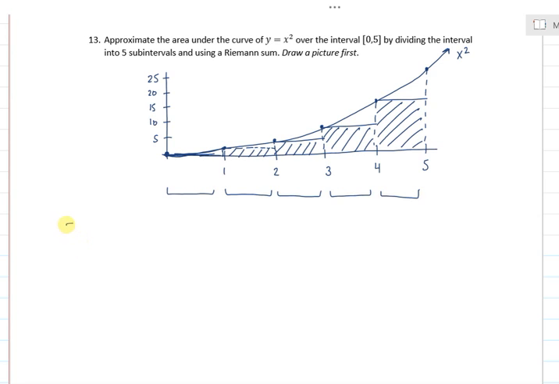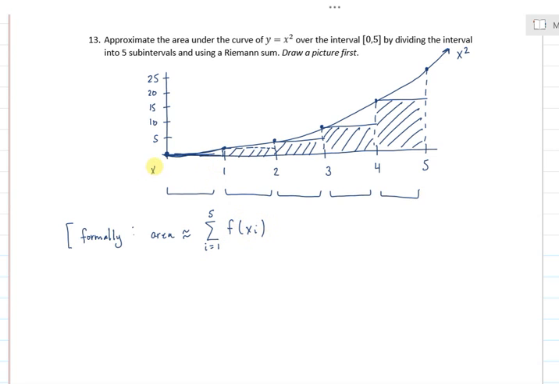So I'm going to write this in a big bracket because you don't really need to write this. I want to calculate the area, which is about equal to the sum. We have 5 guys. For each guy we're taking f of the guy on the left.